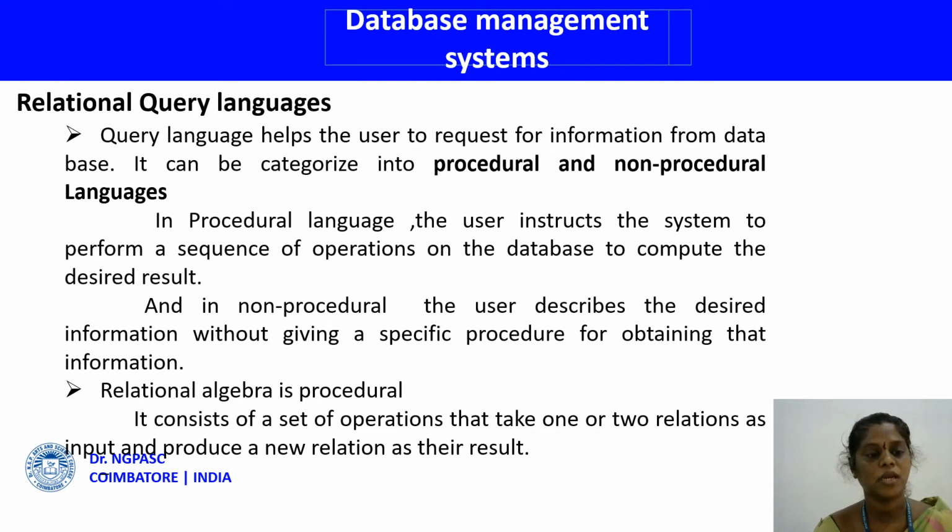And next is your relational algebra. Relational algebra is a procedural language. Here we use algebraic operations. It consists of a set of operations that take one or two relations as input and produce a new relation as a result. So it takes one or two relations, like one or two tables, such as the customer table, the account table, and the depositor table, as input, and it produces a new relation as the result.